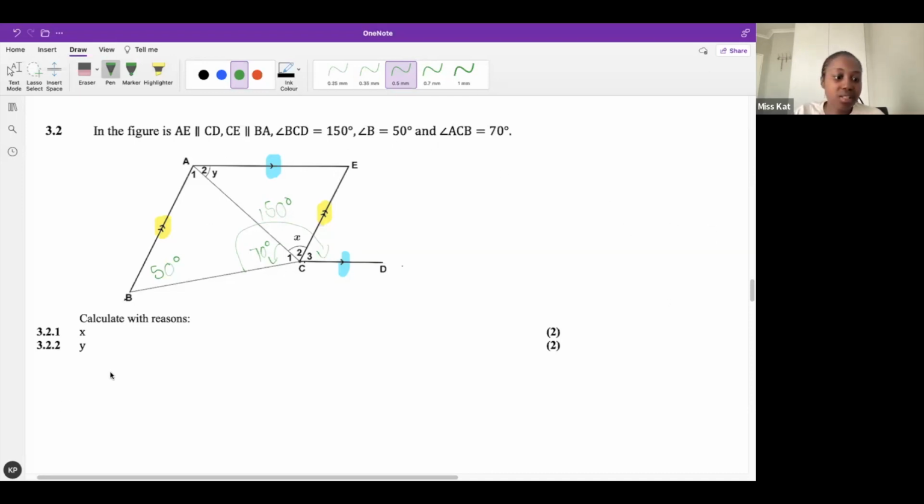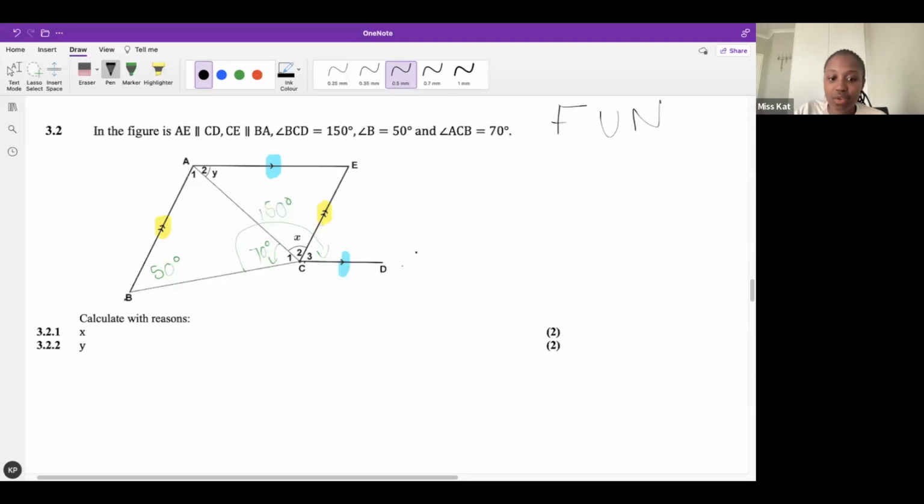Now it says calculate X and Y using reasons. Now let us look, guys. They sure didn't give us parallel lines for nothing. I promise you. So you can use co-interior angles to find X. Remember co-interior angles, guys, out of the F and the U and the N, which one is co-interior angles for our parallel lines?